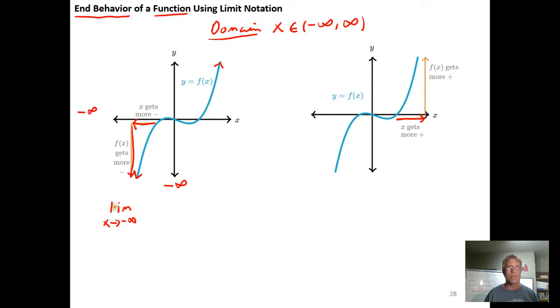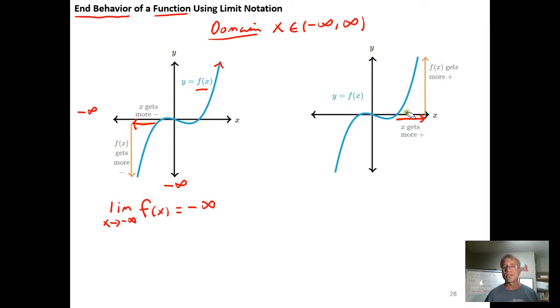This goes underneath it. And then we put the function name. So my function's name is f of x. So the limit as x goes to negative infinity, or as x gets infinitely large but negative, the limit is negative infinity because the outputs are becoming infinitely large but negative.